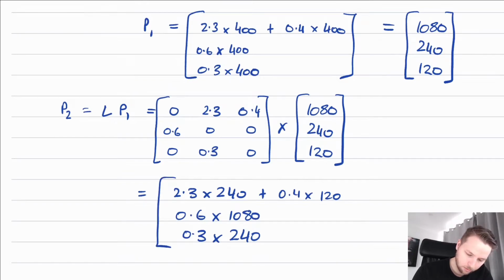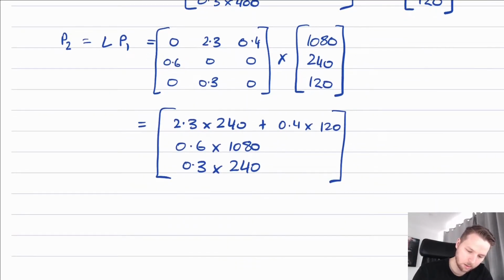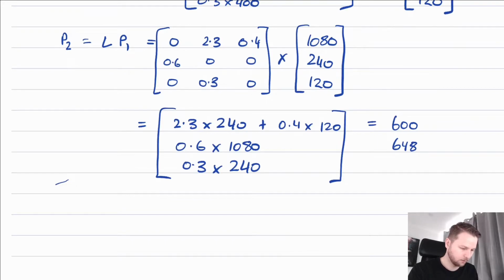So let's put our brackets around here and simplify. P2 is equal to 2.3 times 240 plus 0.4 times 120, which is 600. 0.6 times 1080 is 648, and then 0.3 times 240 is 72.